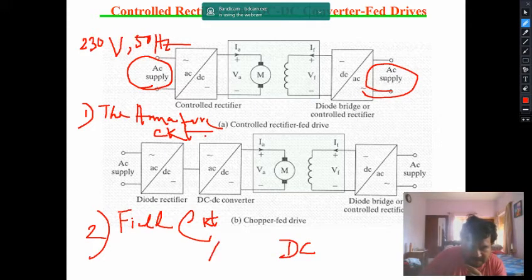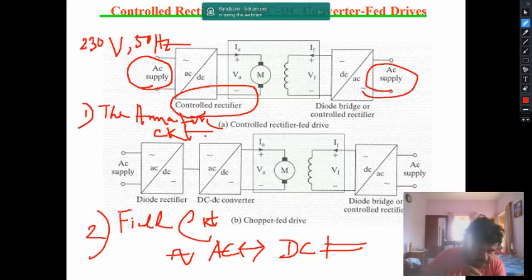Since we have AC, we should use a device which can convert from AC to DC, and that is nothing but a rectifier.